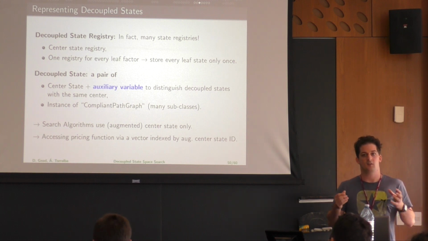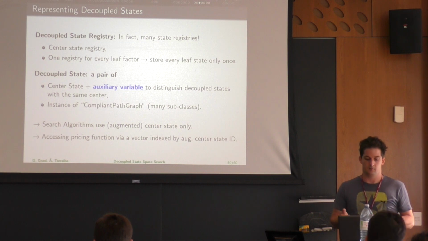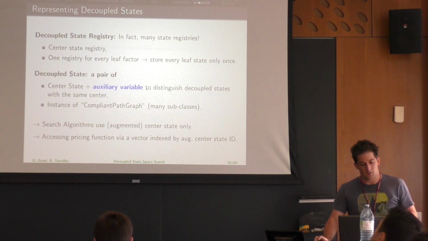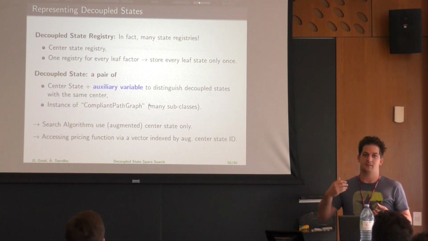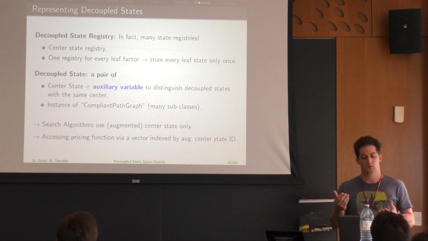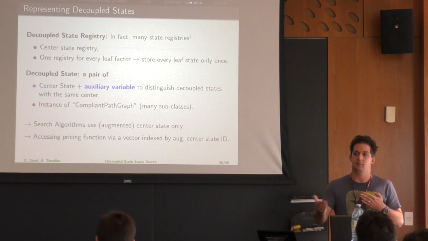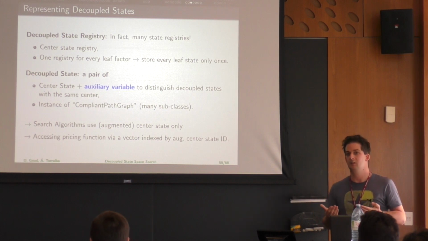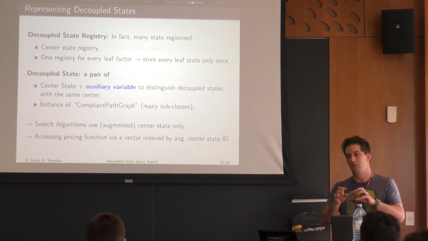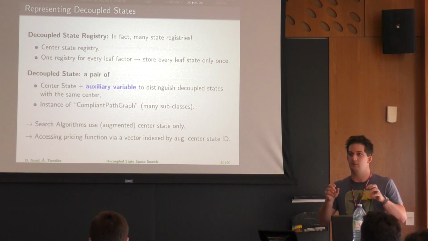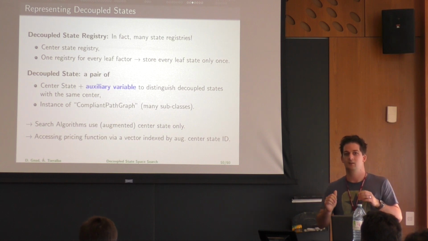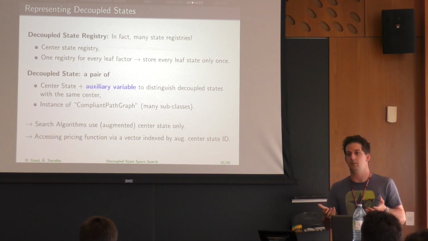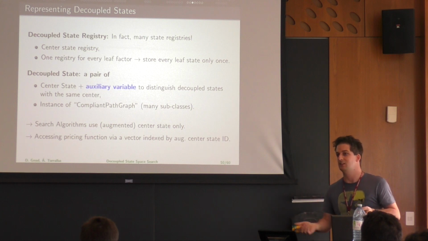Those are the objects that keep track of the pricing function. As a really nasty hack, we had to add an auxiliary variable to the center states to keep track of multiple decoupled states with the same center state. This is to distinguish the decoupled states that have the same center. We introduce a new variable that is initially 0, and we keep incrementing it for every new decoupled state that we see that has this center.